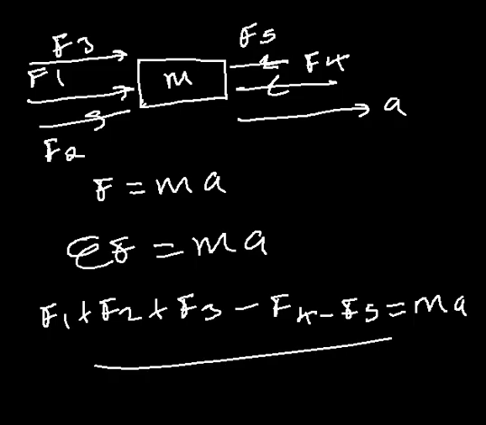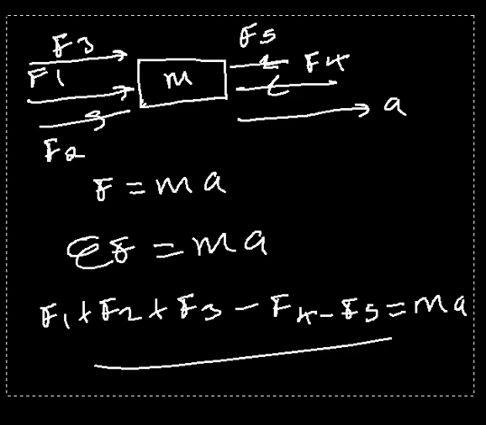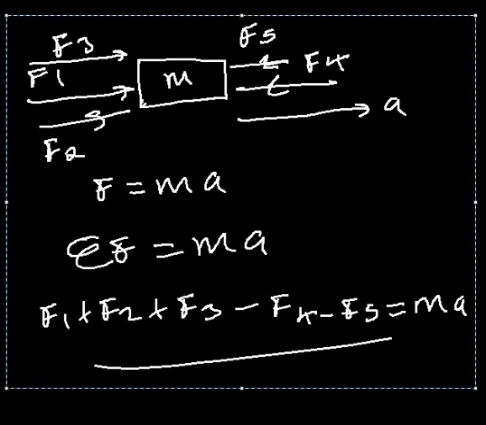This is a typical case in which several forces act on the system. According to Newton's second law of motion, the summation of the forces acting is equal to mass times acceleration.